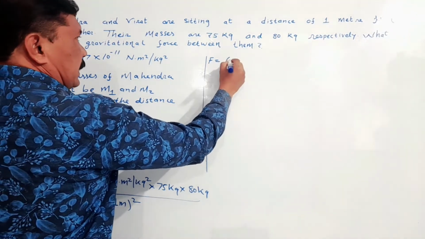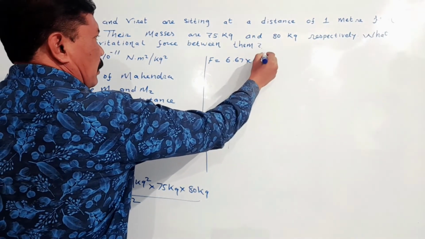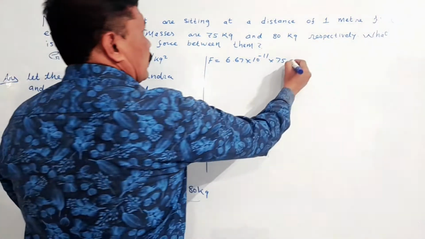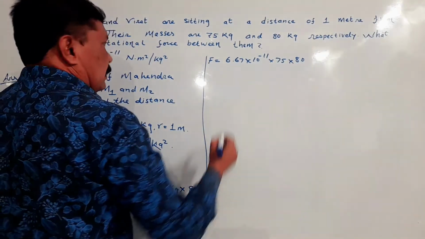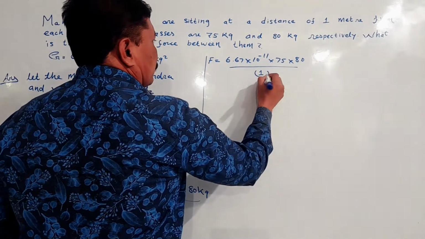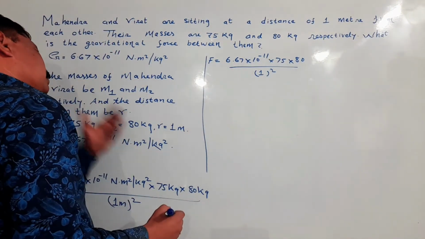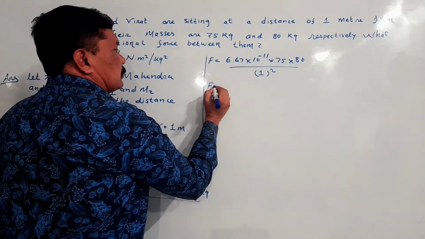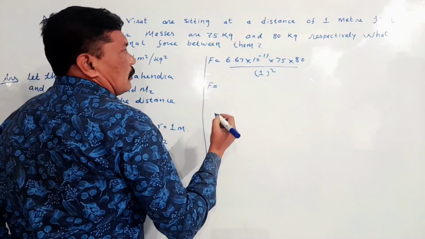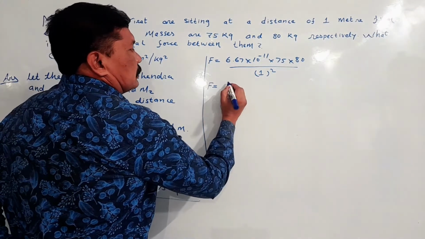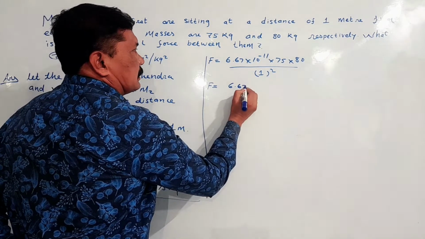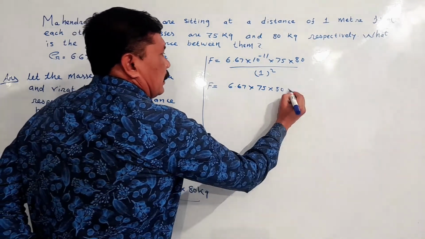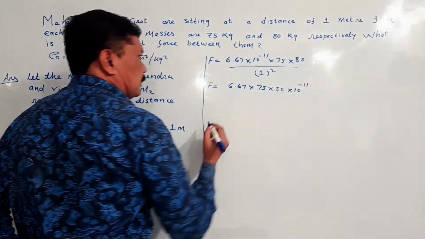We can write, F is equal to 6.67 into 10 to the power minus 11 into 75 into 80 upon 1 square. My dear student, 1 square is 1, so we don't have to write 1 at the denominator. So we will arrange so that the simplification will be easy for us. So we can write here 6.67 into 75 into 80 into 10 to the power minus 11.